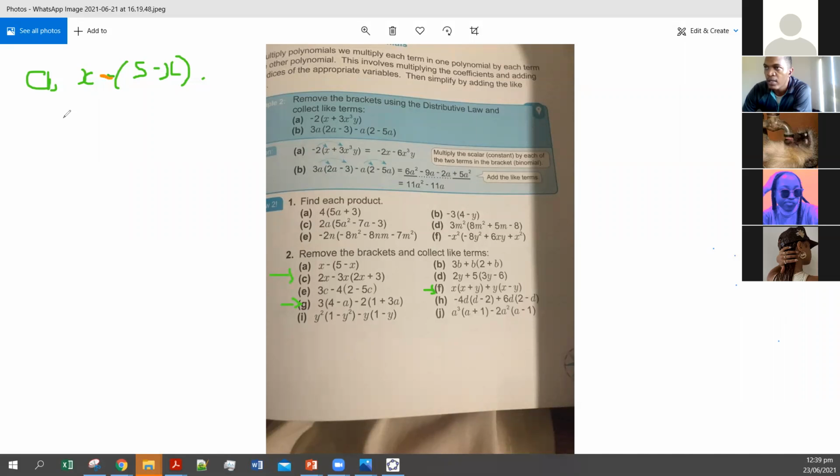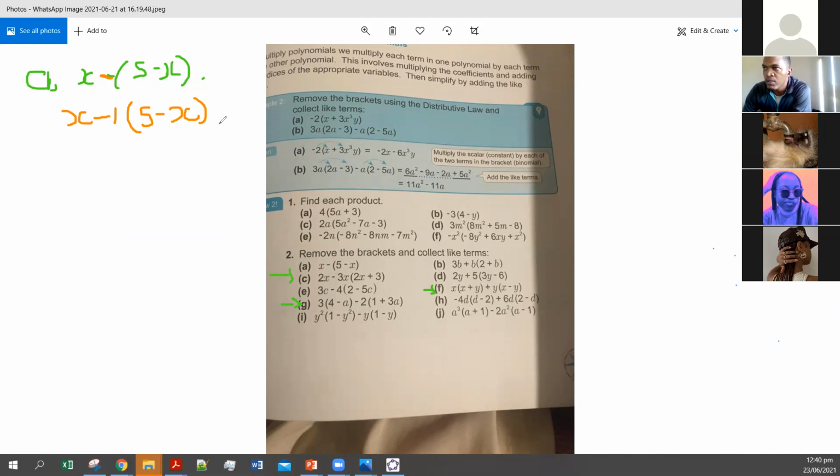So actually the whole thing is like this: x minus 1 bracket 5 minus x. That -1 is invisible, right?